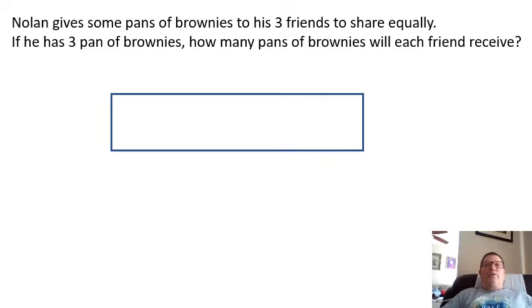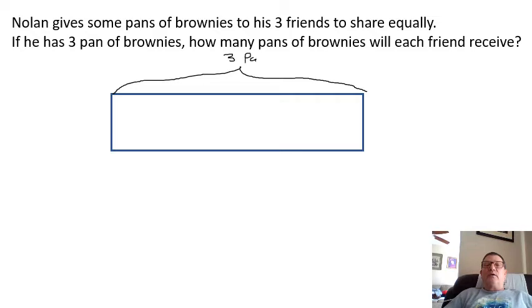Okay, Nolan gives pans of brownies to his 3 friends to share equally. If he has 3 pans of brownies, how many pans of brownies will each friend receive? Well, we're going to do our tape diagram. We're starting off with 3 pans. Now it says he has 3 friends, so I'm going to split this into 3.